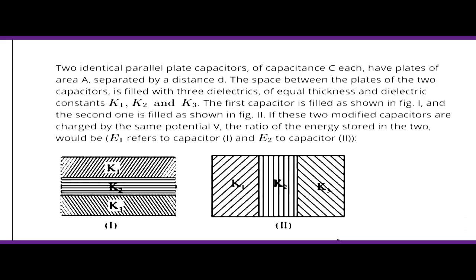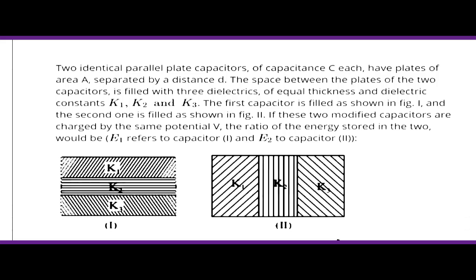Hello everyone. So the question is: two identical parallel plate capacitors of capacitance C each, have plates of area A, separated by a distance d. The space between the plates of the two capacitors is filled with 3 dielectrics of equal thickness and dielectric constants K1, K2 and K3.